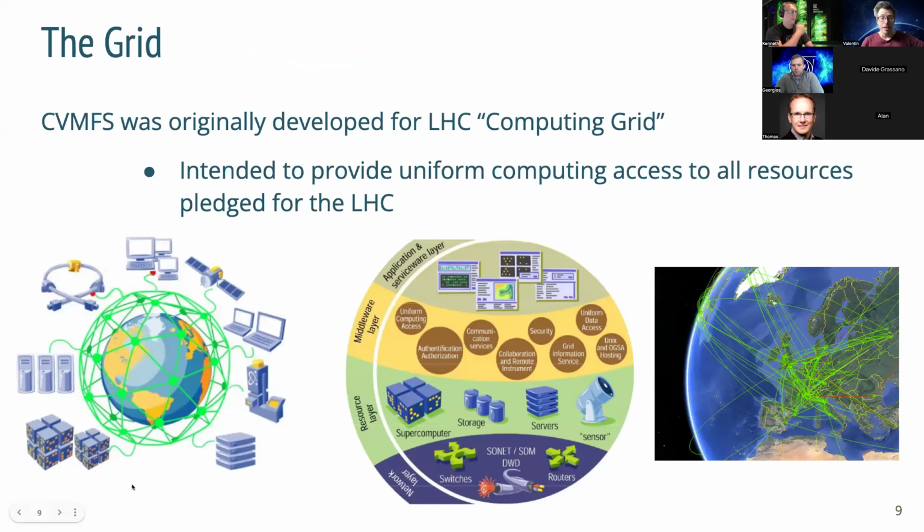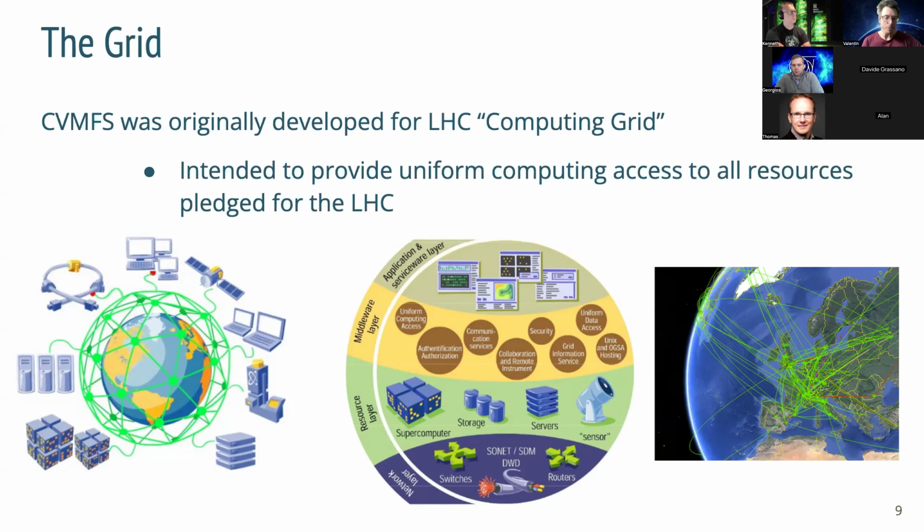So originally, CVM-FS was developed for a particular type of infrastructure that is the computing grid. And this is basically the main computing resource for the Large Hadron Collider, the biggest experiment at CERN. And the naming should evoke this idea that you can very flexibly plug your compute workloads into this computing grid as you could plug whatever device you have into the electrical grid.